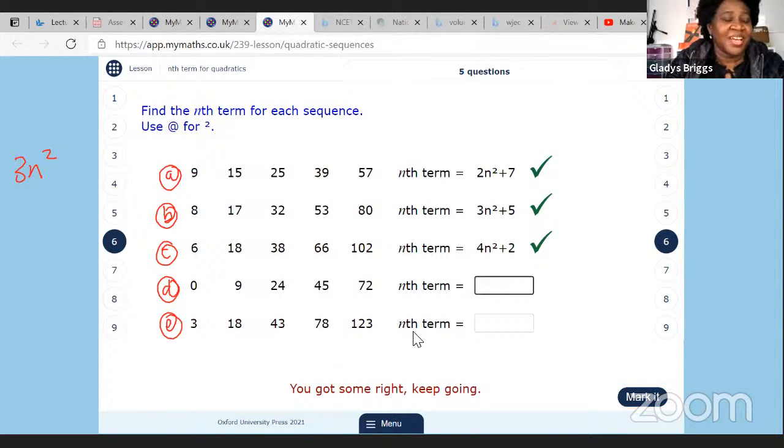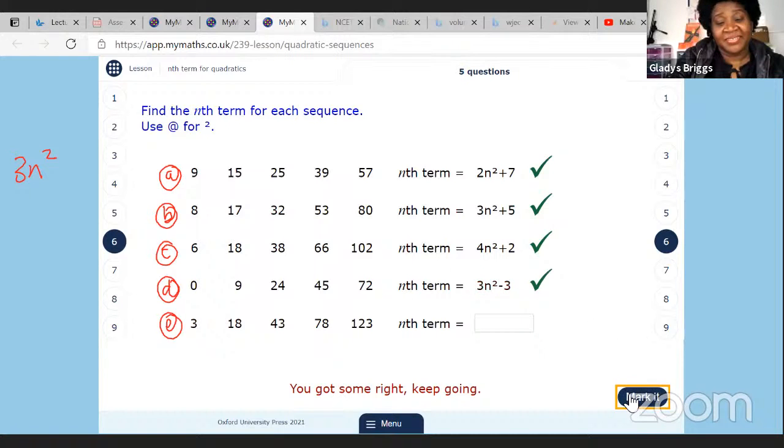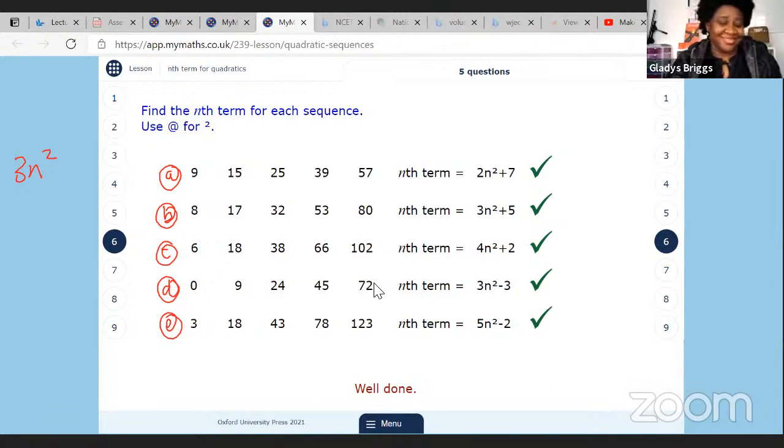And question D? 3n squared minus 3. Yeah. Excellent. Well done. And the last one, 5n squared minus 2. Well done. Okay, I'm happy. At least 1, 2, 3 persons can do it.